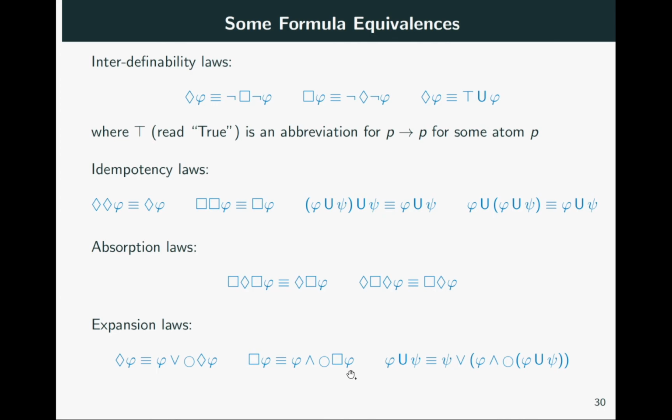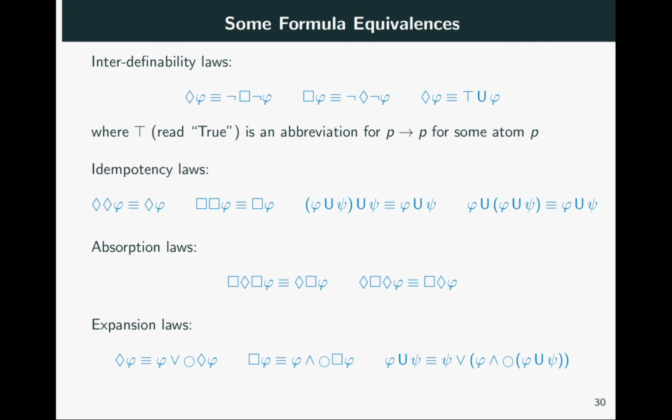As for until, phi until psi means that psi will hold at some point in the future and phi will continuously hold in the meantime. This is just the semantics of until. So I have two cases. Either psi holds right now and we are done, or phi must hold right now and phi until psi must hold next.